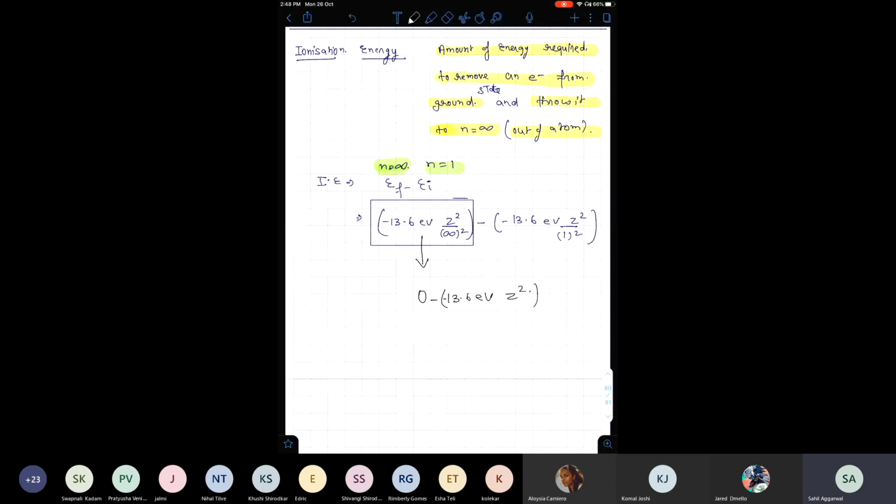If it is from an excited state, we will apply the same law, except then we'll say it is excitation energy. Pratyusha, I'll come to that after this topic.